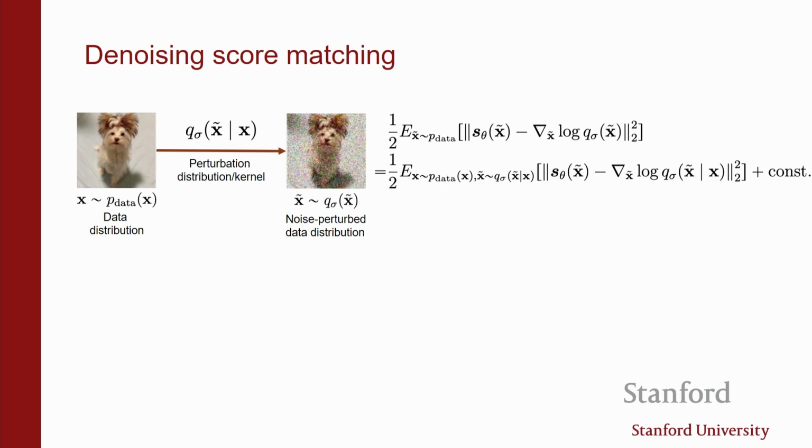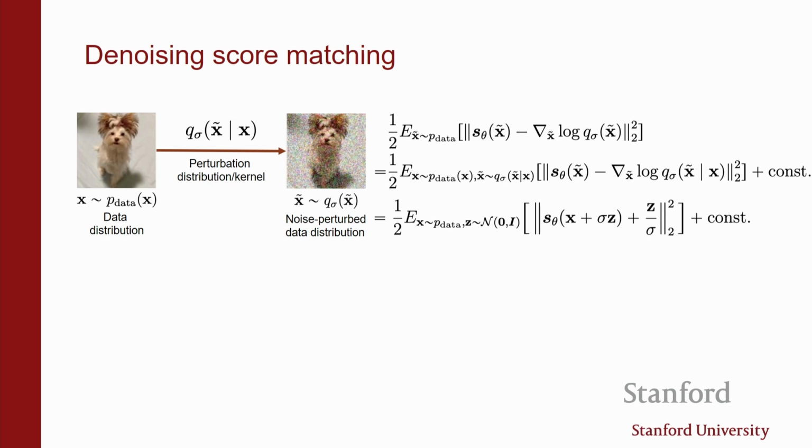If you look at the usual regression loss where you compare your model with the true score of the noisy data distribution, averaged over the noisy data distribution, it turns out that objective can be rewritten into a denoising objective.